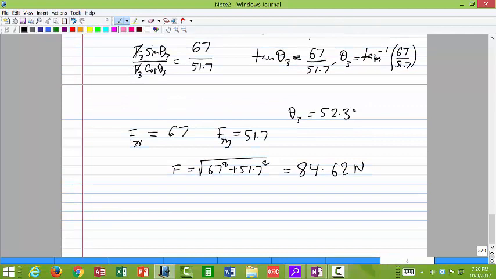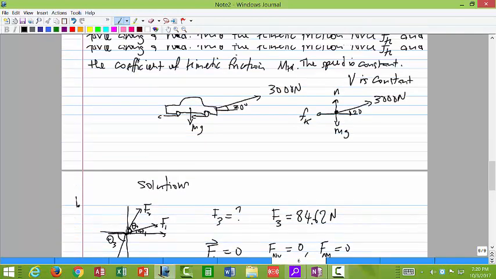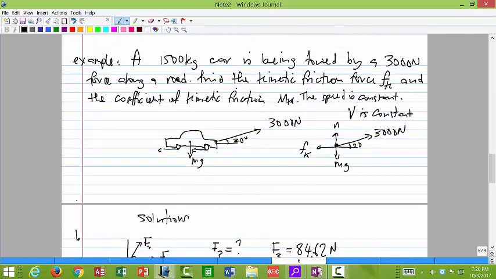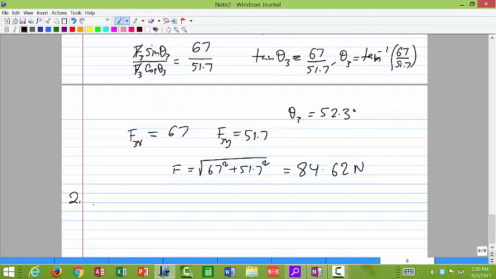Okay, let's get a result for the second example. In this example, a 1,500 kilogram car is being towed by a 3,000 Newton force along a road. Find the kinetic friction force Fk and the coefficient of kinetic friction mu k for constant speed. Okay, so let me redraw it down here.